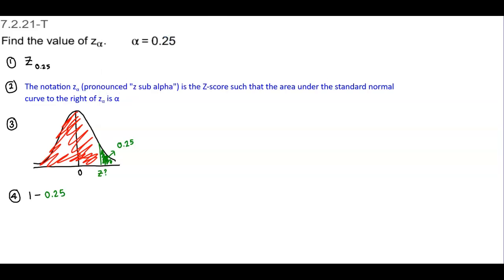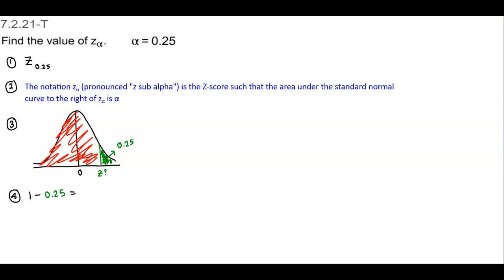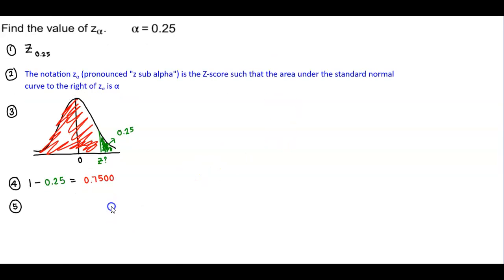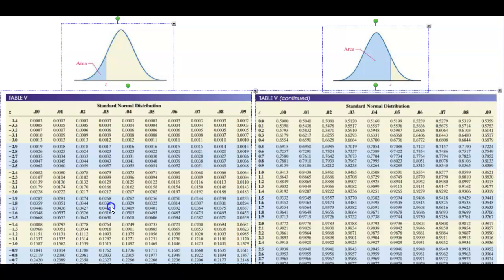When we subtract that, we get an area of 0.75. Now we want to locate on the table where 0.7500 is. So let's go ahead and do that.